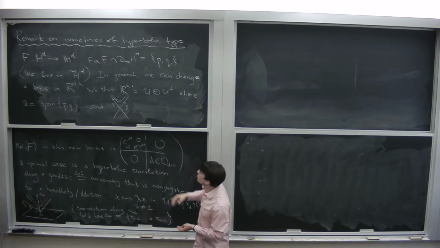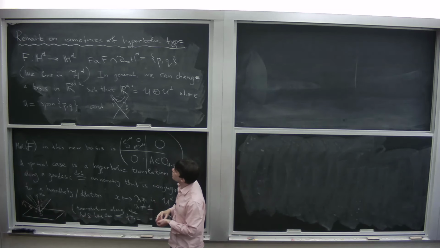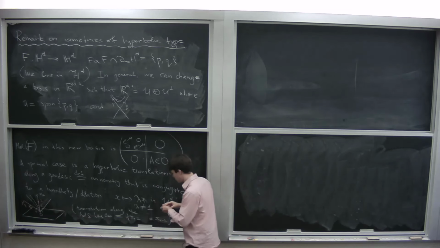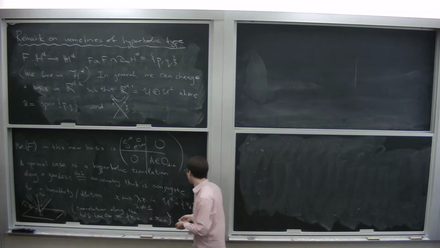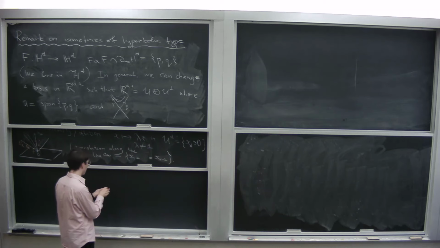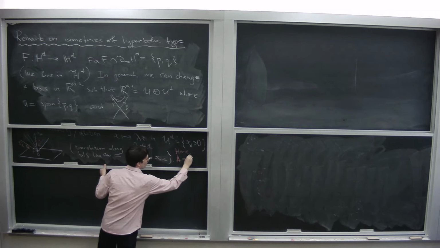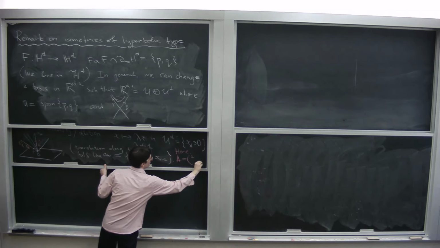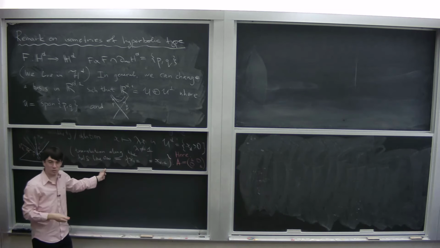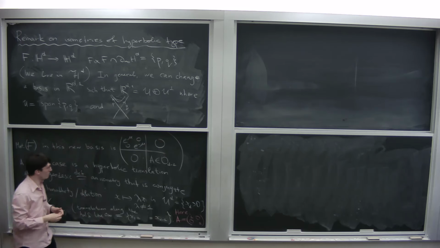So for clarity, let me fix this here: for this translation, A is the identity matrix.